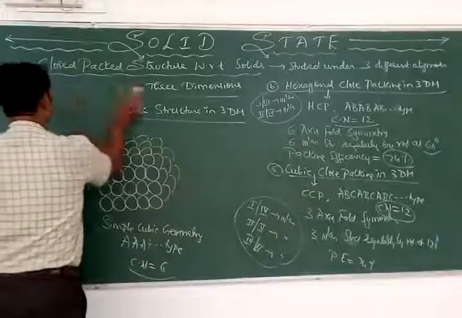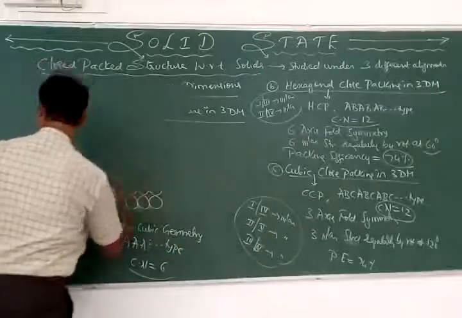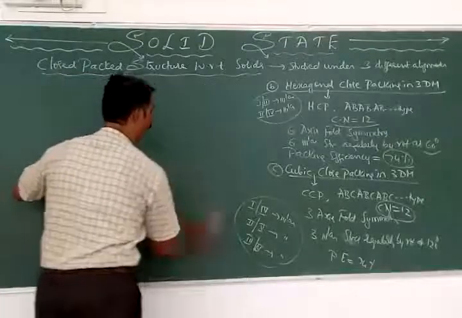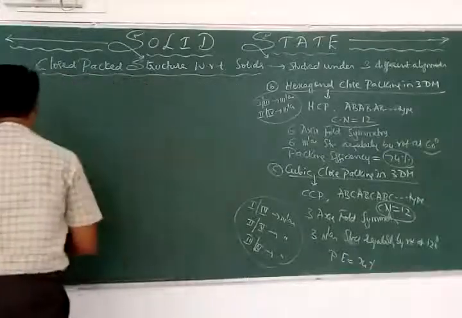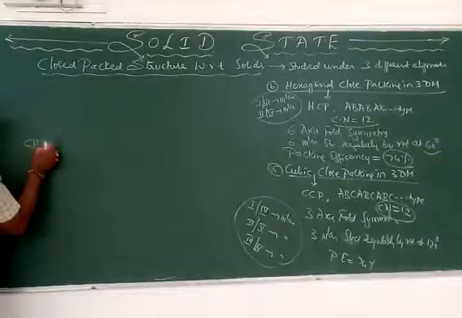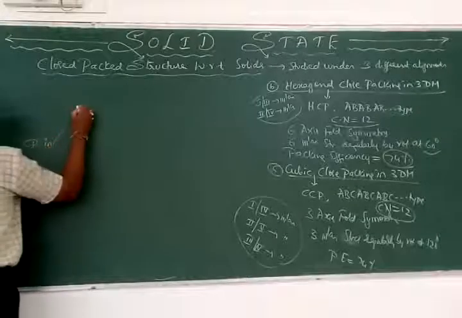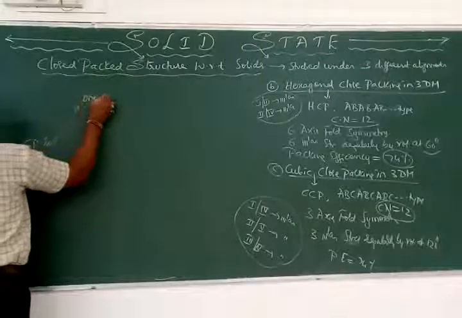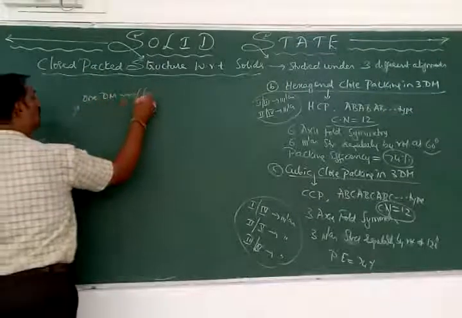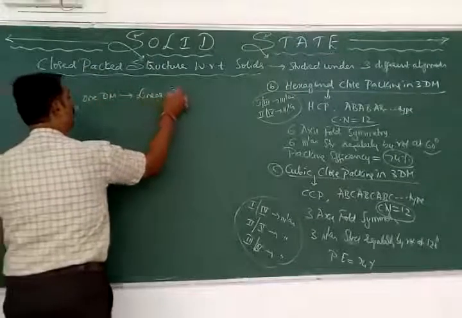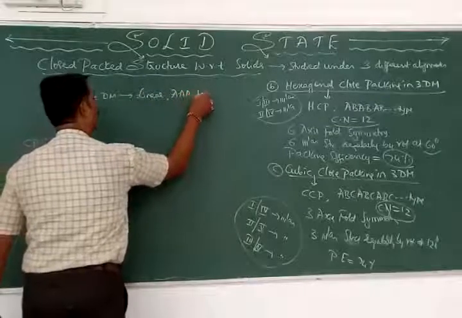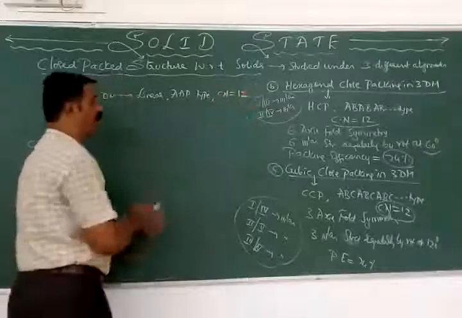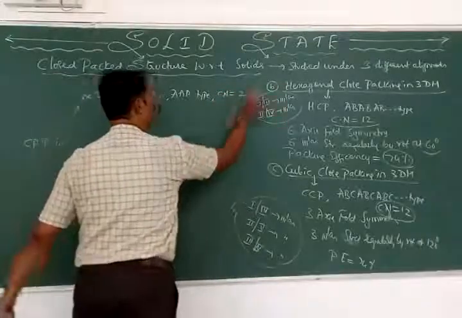So I will briefly mention that. Close packing in 1-dimensional is called linear, which is of the type AAA with a coordination number of, sorry, only 2.